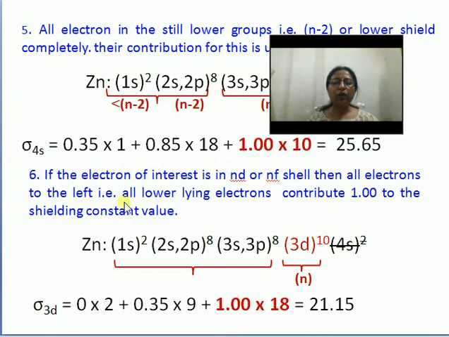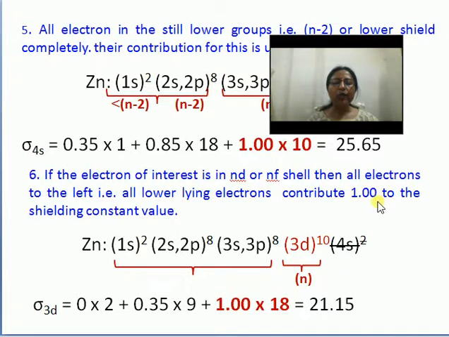Now according to this rule, what happens? We have to take all these electrons together. That means 8 plus 8 plus 2, which gives 18 electrons, and we multiply these 18 electrons by 1.